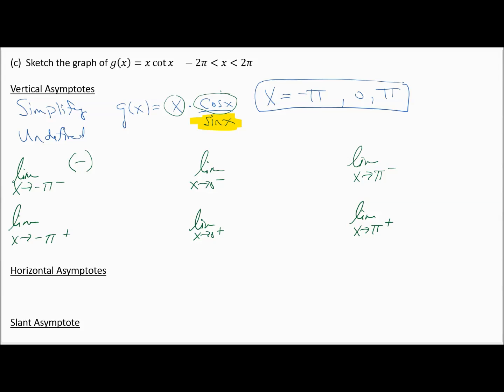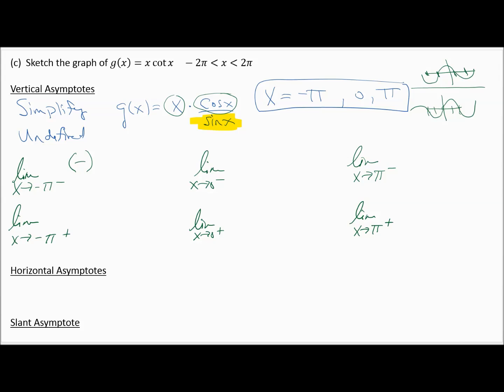That may be easier. The cosine graph looks like this, and those are pi over 2 values, and that's negative pi and that's positive pi. And then the graph of sine looks like this, and that's pi over 2, pi over 2, pi, pi.